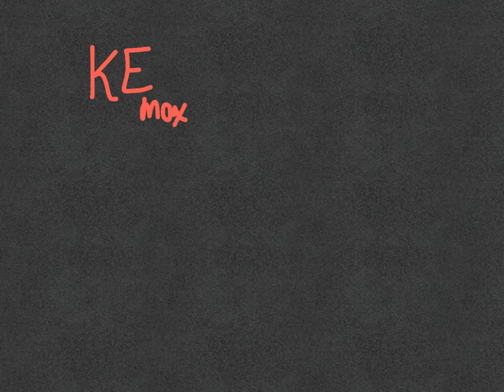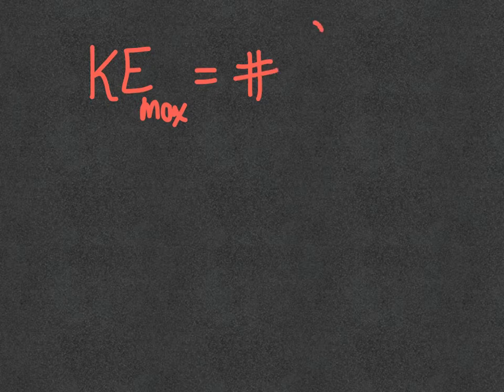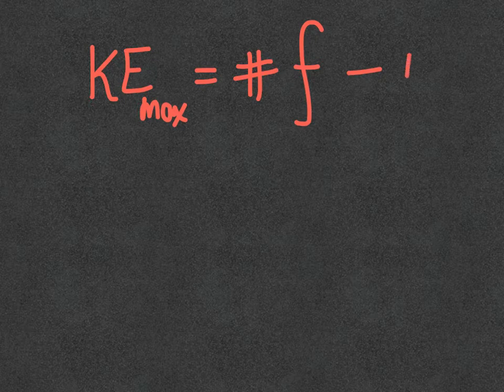So the equation that we have so far is this: the maximum kinetic energy of the released photoelectrons is equal to some slope value, which we'll get to in a second, times this frequency minus some initial value that is dependent on the metal.